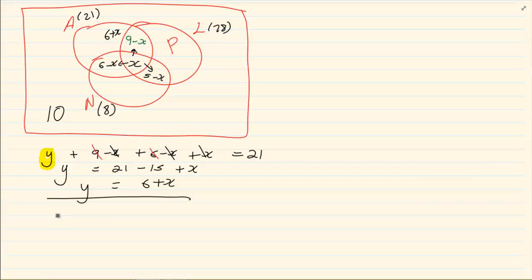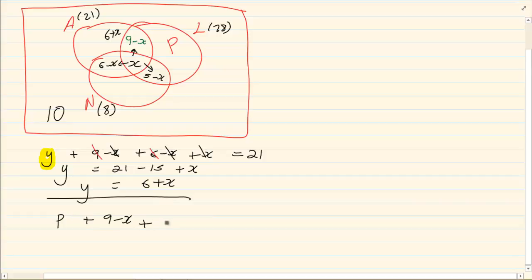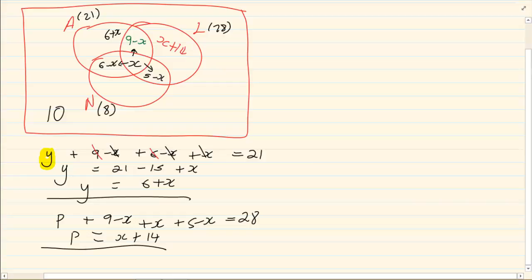So what am I saying? P plus the 9 minus x plus the x plus the 5 minus x must equal 28. Now if you get p alone, then you're going to end up with x plus 14. So here we know that it's going to equal x plus 14.